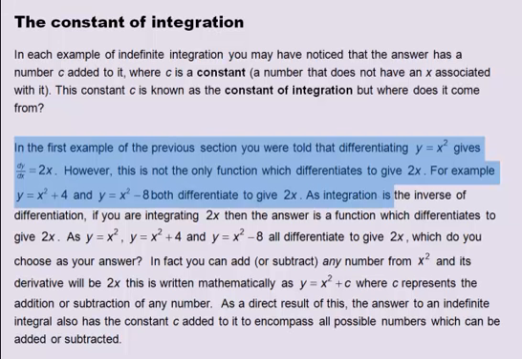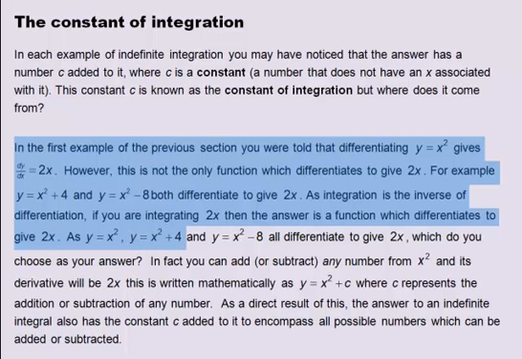As integration is the inverse of differentiation, if you are integrating 2x, then the answer is a function which differentiates to give 2x, as y equals x squared, y equals x squared plus 4, and y equals x squared minus 8 all differentiate to give 2x. Which do you choose as your answer?